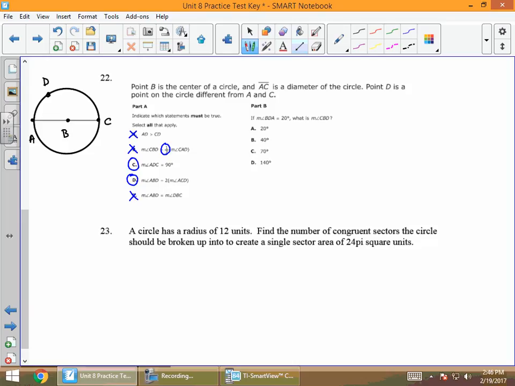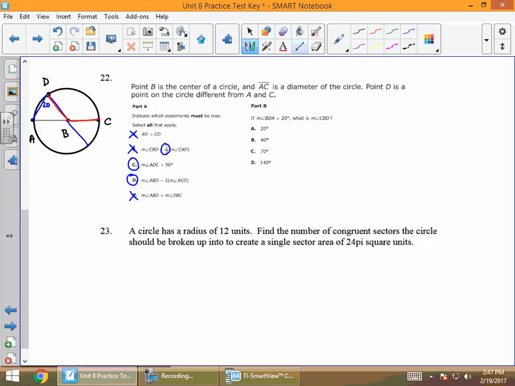It says if the measure of BDA is 20 degrees, I want to continue that thing on. So if the measure of angle BDA is 20 degrees, what is the measure of CBD? I'm looking for the angle in red.